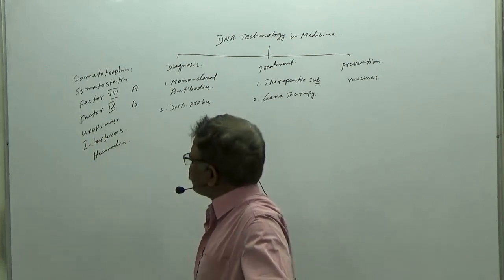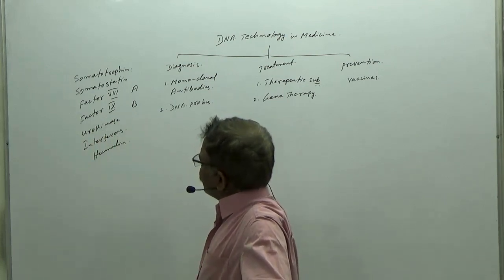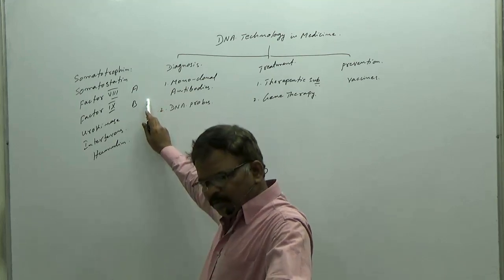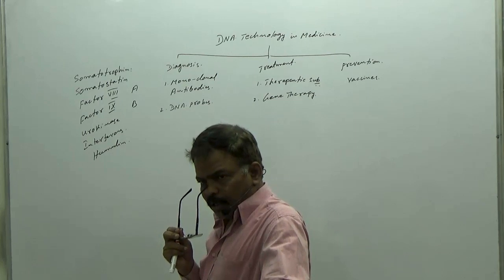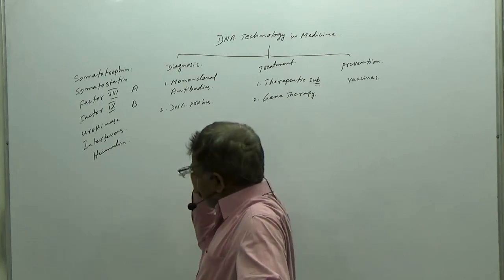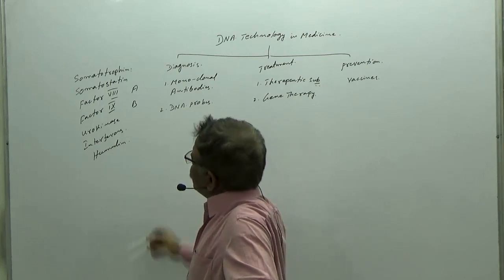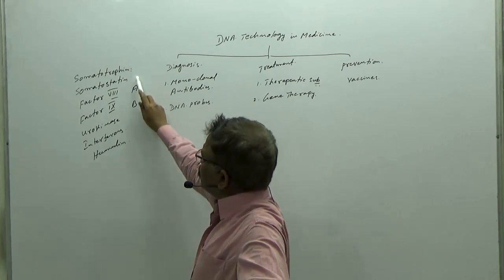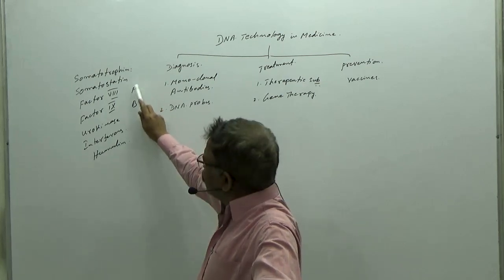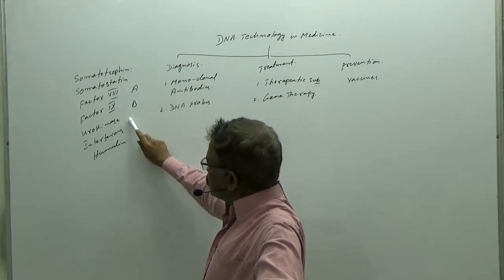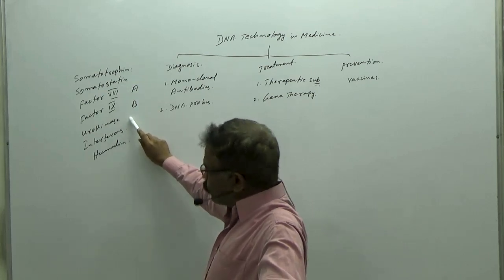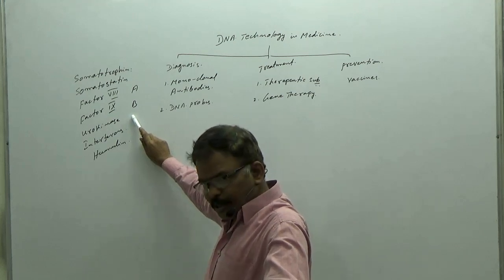Cancer, hemophilia A and B. Two different types of hemophilia, no? Hemophilia A and hemophilia B. So the first one is a growth promoter, the second one is a growth controller. This is hemophilia A, this is hemophilia B. This is to eliminate the blood clots in the blood vessel.